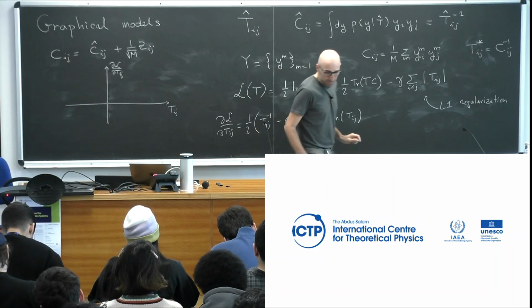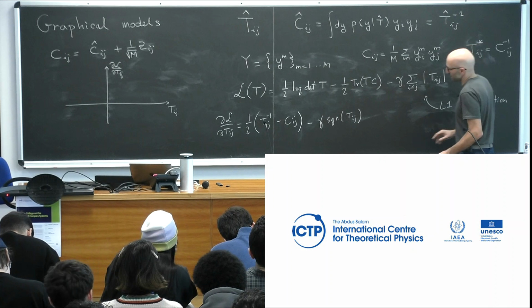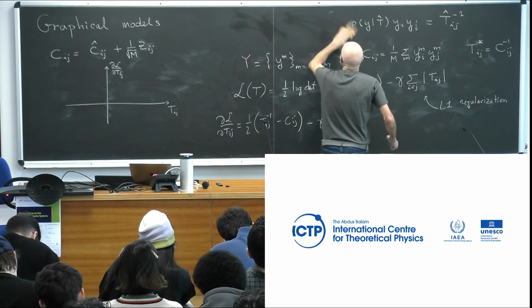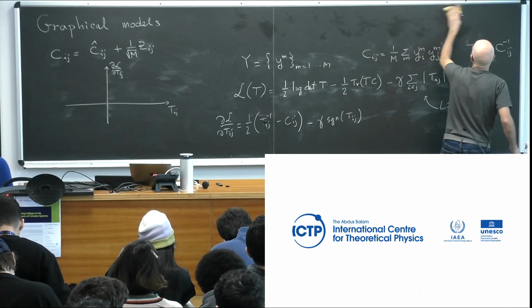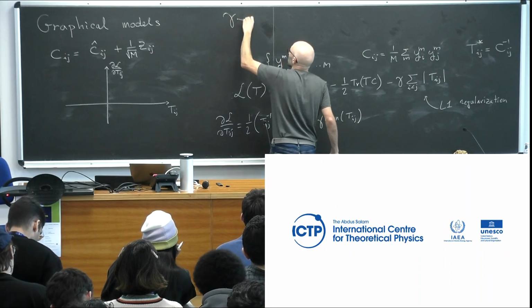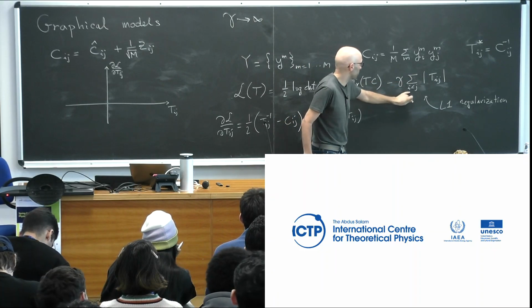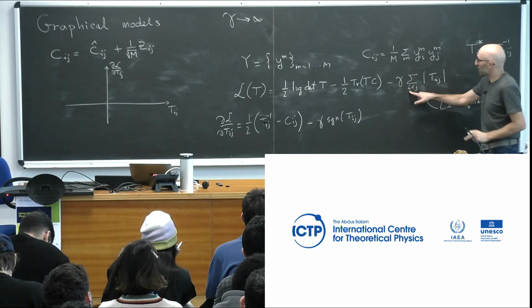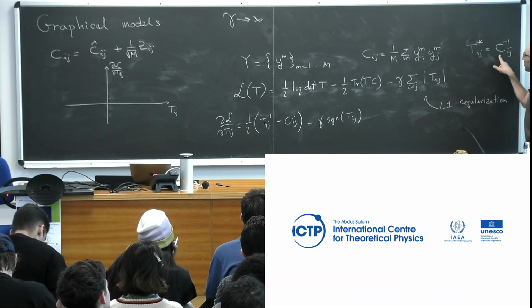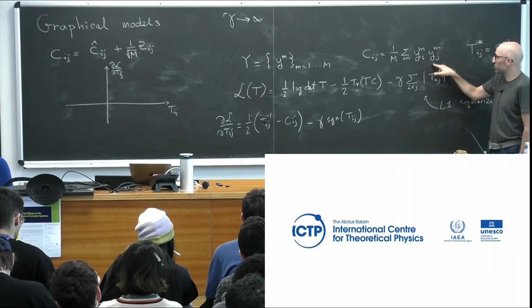So first of all, if gamma goes to infinity, then of course I'm putting an infinite penalty for any non-zero T. I forgot to say, here I don't put a regularization for the diagonal terms, because the diagonal terms of C are equal to 1, because I'm normalizing the variance of the y's to 1.